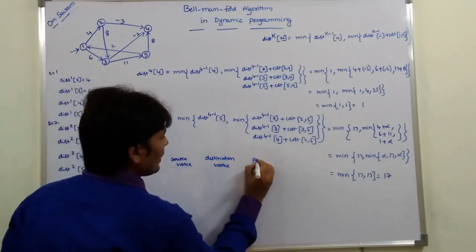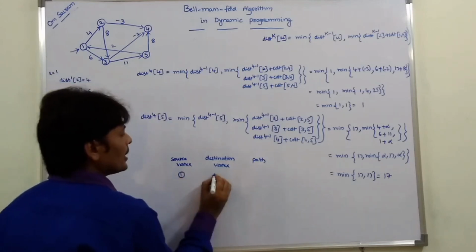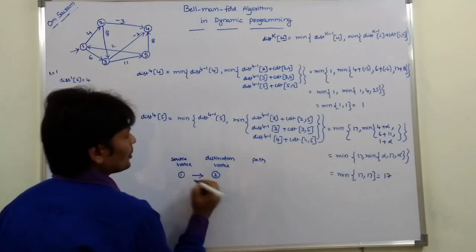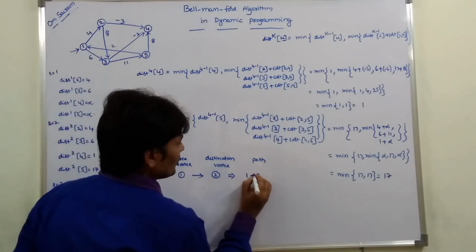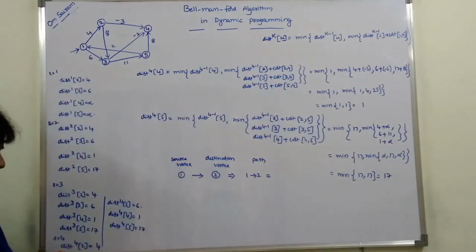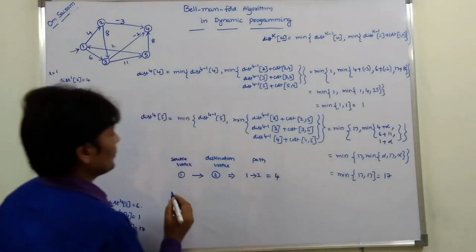Now this is the path. Source vertex 1, destination vertex 2, so that is 1 to 2. The distance from source vertex 1 to destination vertex 2 is 4.